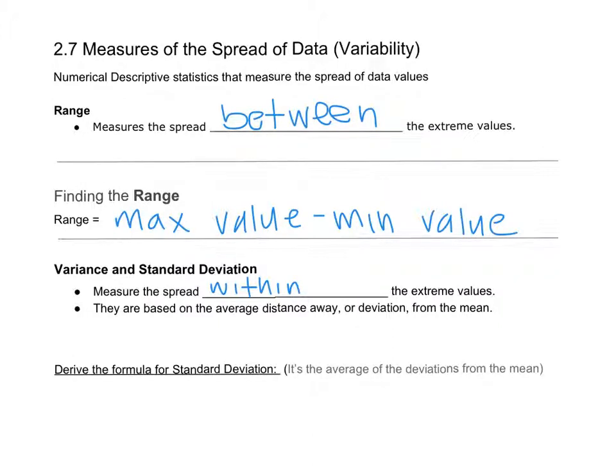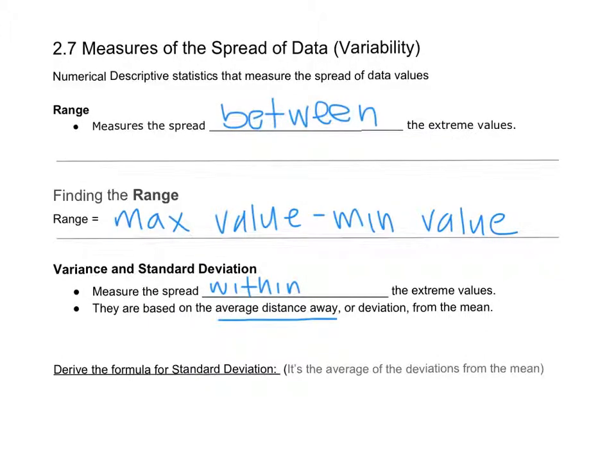I want to focus on this average distance away because that's something we can wrap our heads around. We have a mean value of a data set, and now we want to find the average distance each of those data values is from that mean value. That's what we're getting at with variance and standard deviation.